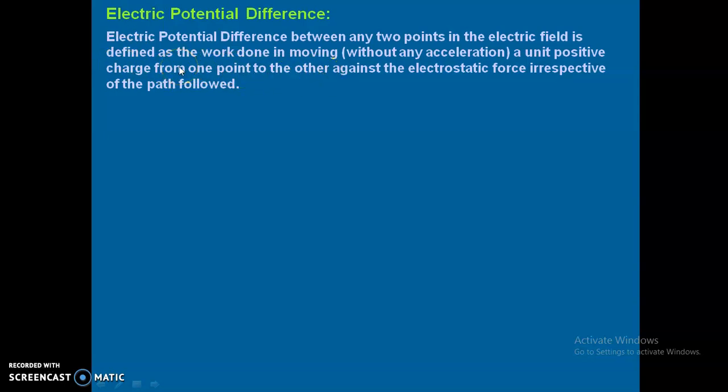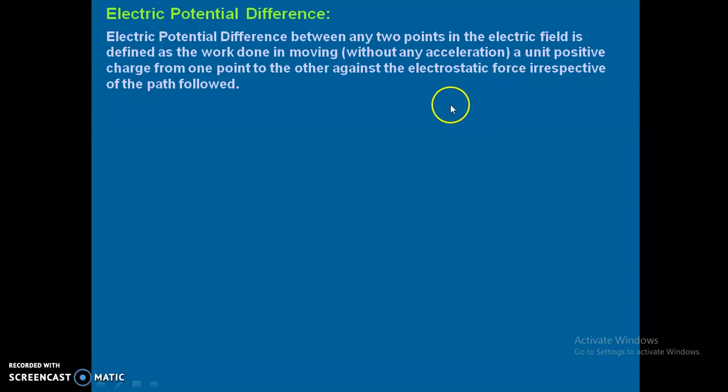In electric potential especially, the charge was being moved from infinity to a given point, but here the charge has to be moved from one point to another against the electrostatic force irrespective of the path followed. Again, there is no path dependent movement. This is path independent movement, and this work has to be done against the electrostatic force.